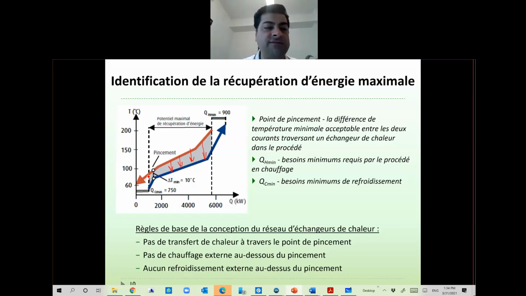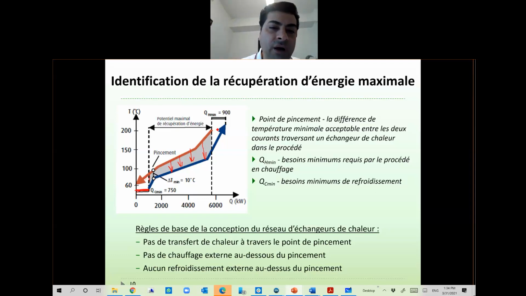In other words, you have some excess of hot streams, but they require something to lose their heat. So for this part, you have to use a utility like cooling water to cool down this part of the hot streams.